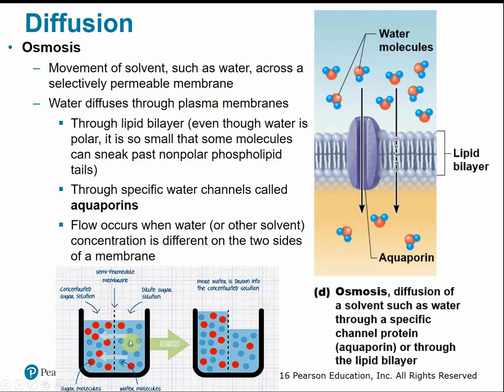On the right side of the beaker is more dilute, so it's more watered down sugar water. So via osmosis, the water from over here will diffuse to the more concentrated side to try to dilute out the sugar solution and make both sides equal in their ratio or concentration of the solutes and water.